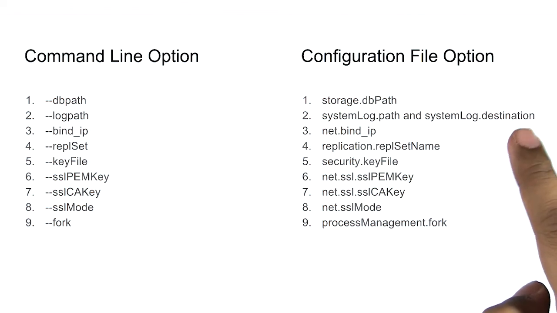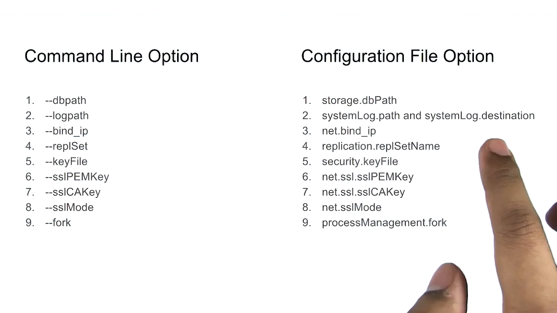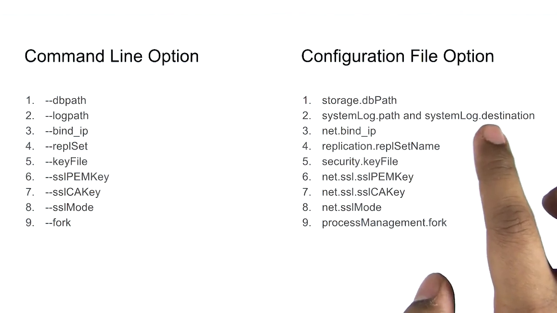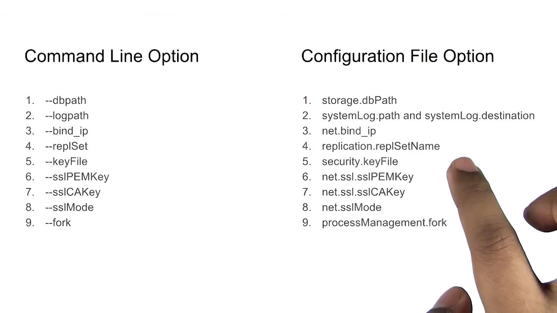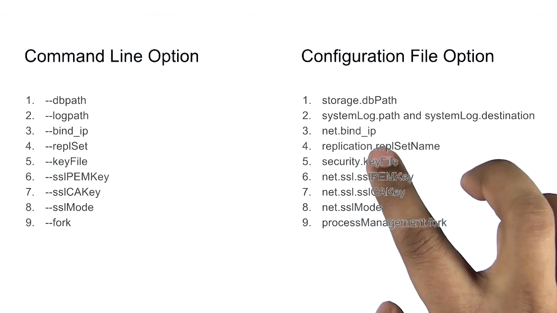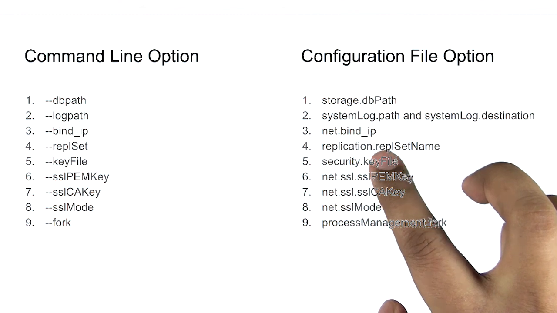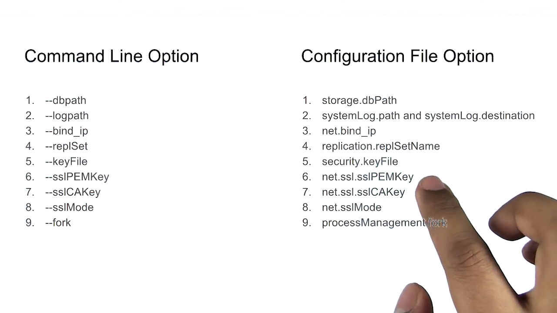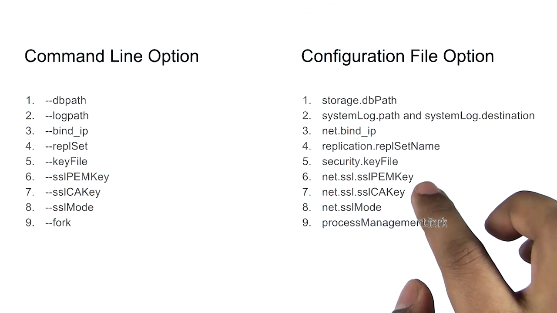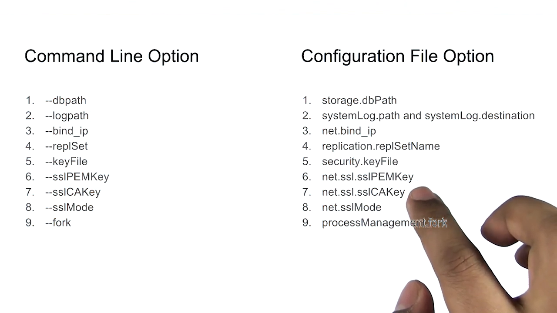On the right, I have the full path to the configuration option. That means each key in the path to the final value is the parent of the YAML file. So the replSetName configuration option falls under the replication parent key. Configuration files support deeper nesting as well. Take a look at these two options, SSL PEM key and SSL CA file.